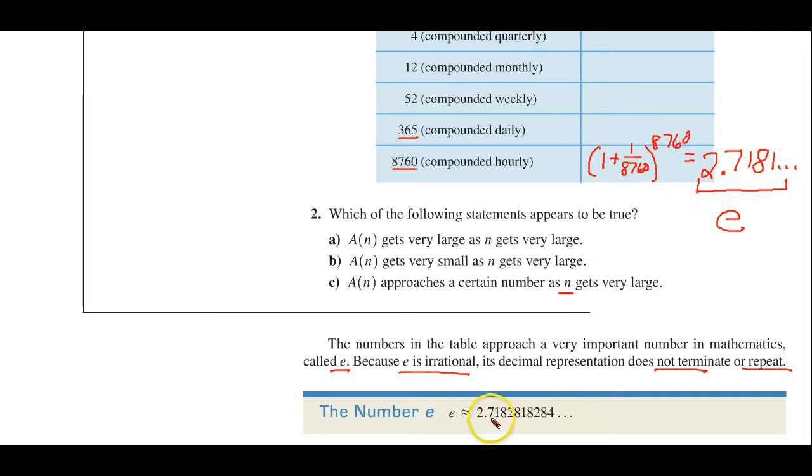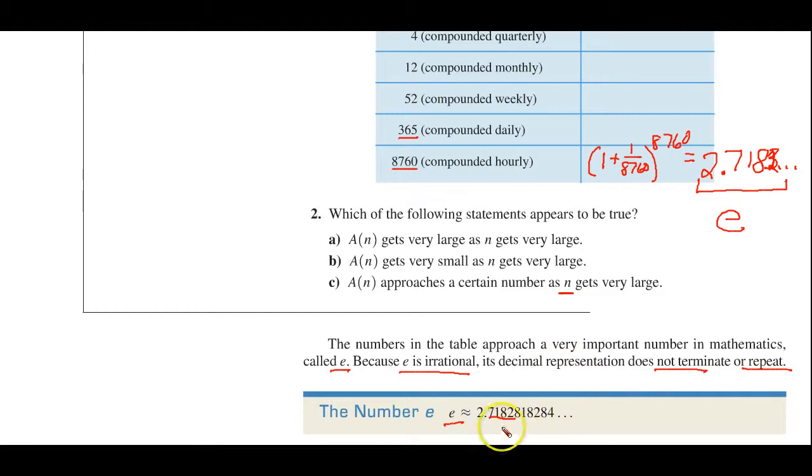As you can see right here, 28. Actually, we have to round this off to make it a 3. Now, this is going to get much larger, and then you get the letter E.